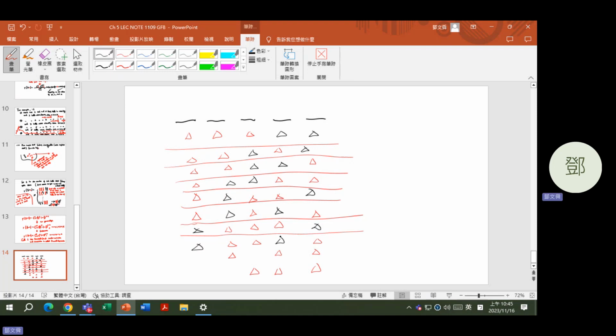So all these 10 cases are 3 red balls and 2 black balls. For example, 3 red balls come out at the first, third, fifth trial, and the 2 black come out at the second and the fourth. So 10.